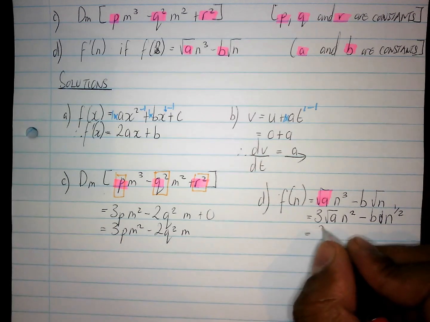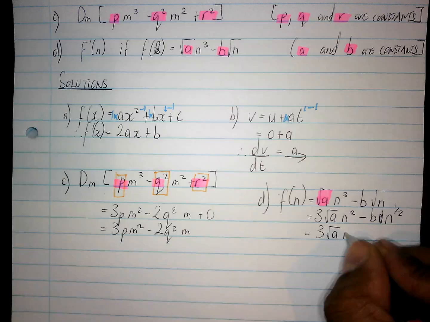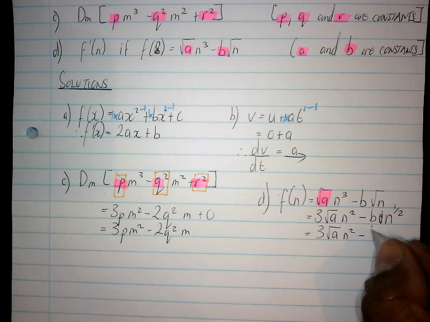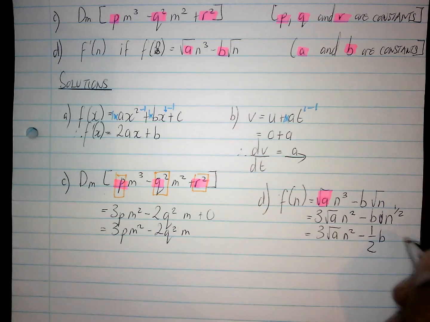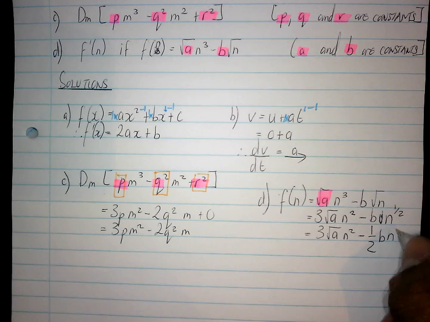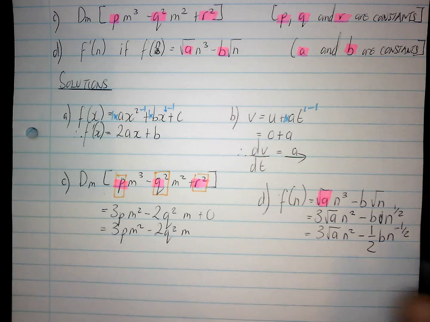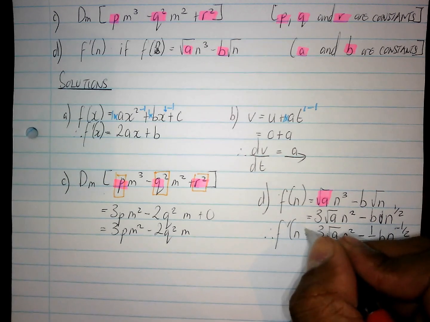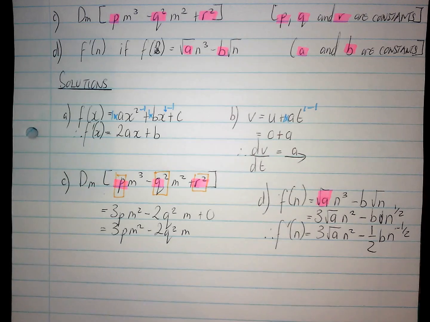Then we have square root a n squared, then half multiplied by b, minus b, is going to be negative 1 over 2 b n. Then half minus 1 is negative 1 over 2. So this is going to be the derivative of f in terms of n.